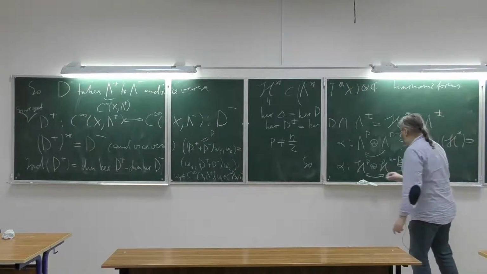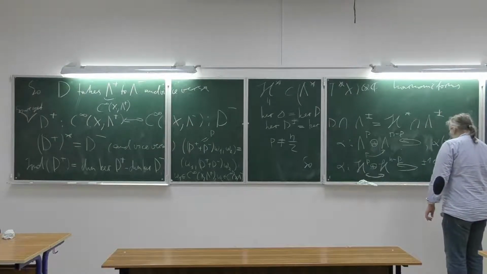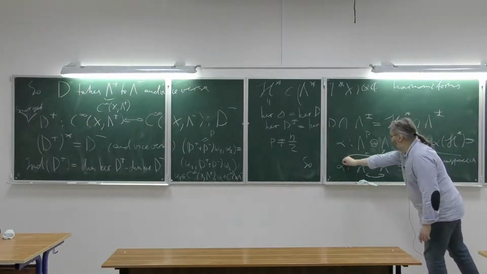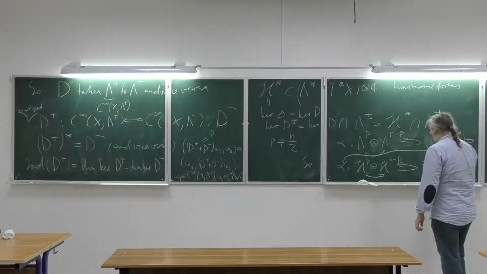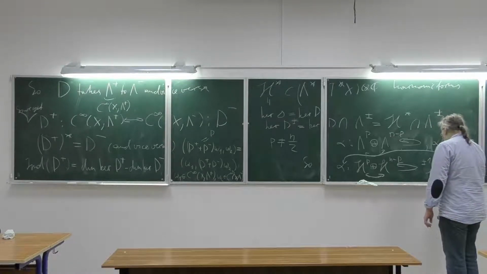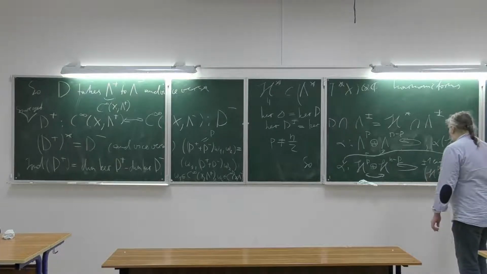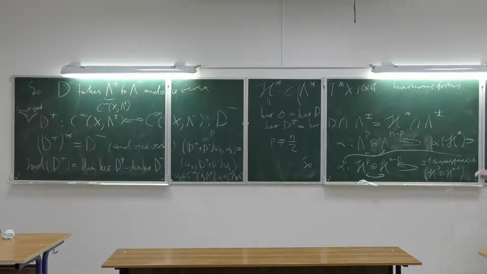So the plus 1 eigenspace of this map is the sum of H^p and H^(n minus p) intersected with lambda plus or minus.